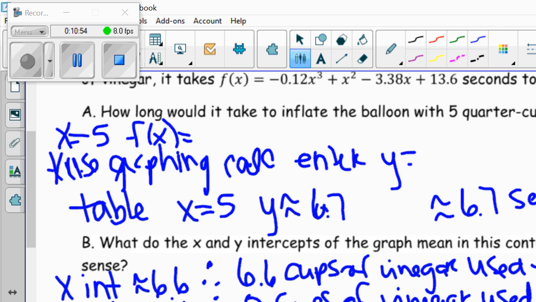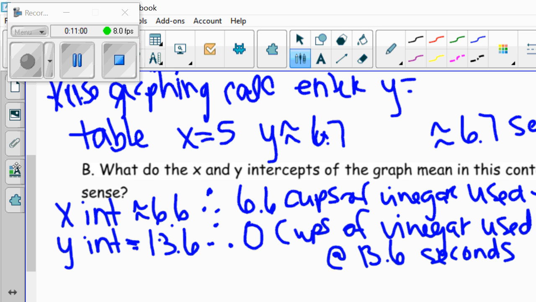And then it says, do those values make sense? So in this problem, putting 6.6 cups of vinegar in, the balloon inflating in 0 seconds, that doesn't make sense. It can't inflate in no time. And then if I don't put any vinegar in, the balloon just automatically inflates in 13.6 seconds. So no, neither the x or the y-intercepts make sense.